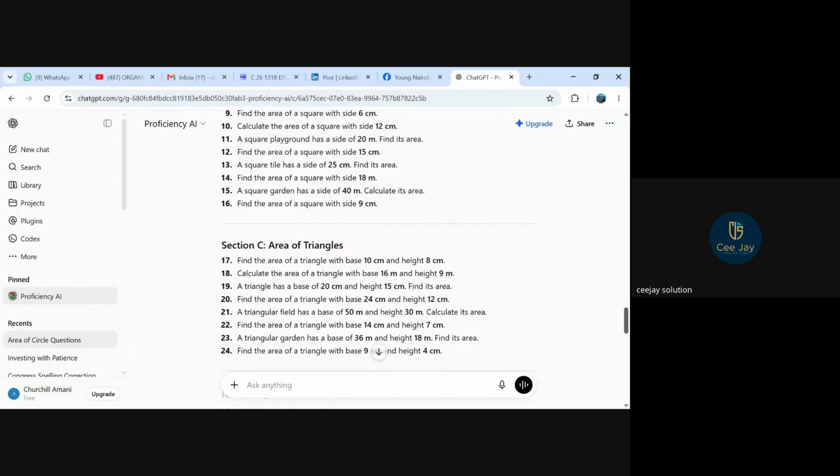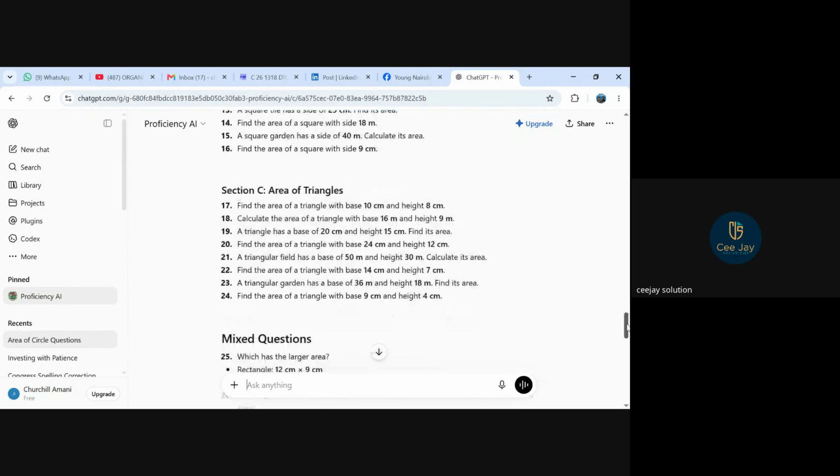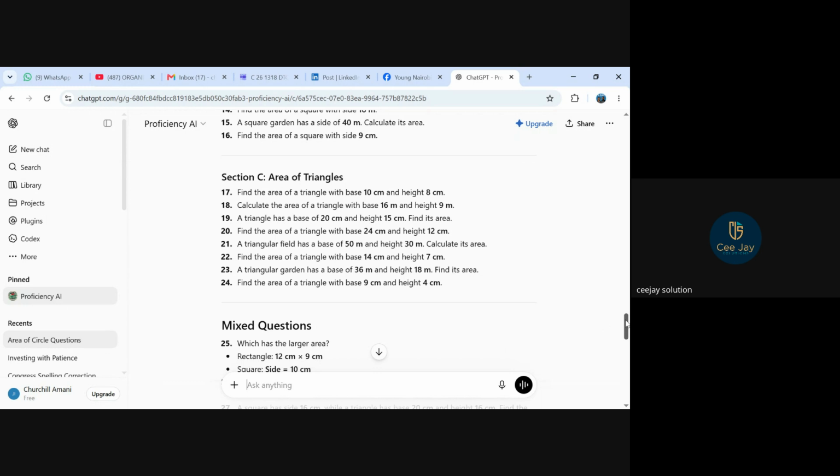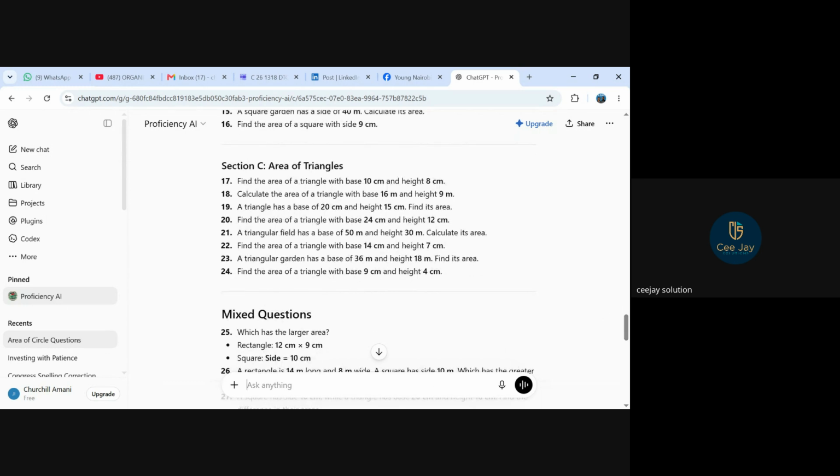Find the area of a triangle with the base 10 centimeters and height 8 centimeters. Try 23 and 24. Try to tackle 23 and 24 before we go to mixed questions.